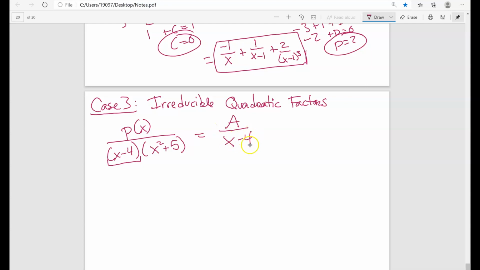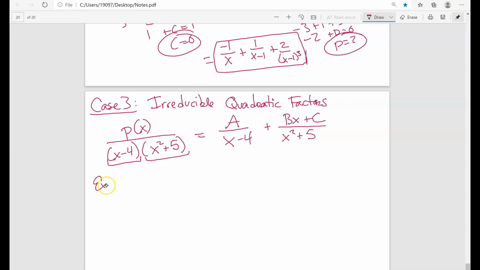We've already done this. Now this guy, what you're going to do with it, you're going to write it on the bottom. You can't factor it unless it's with imaginaries. But on the top, instead of making it a constant, now it's going to be linear. So it'll be bx plus c. Okay, so that's what you're going to have, right? Which is really annoying, but it's really good.